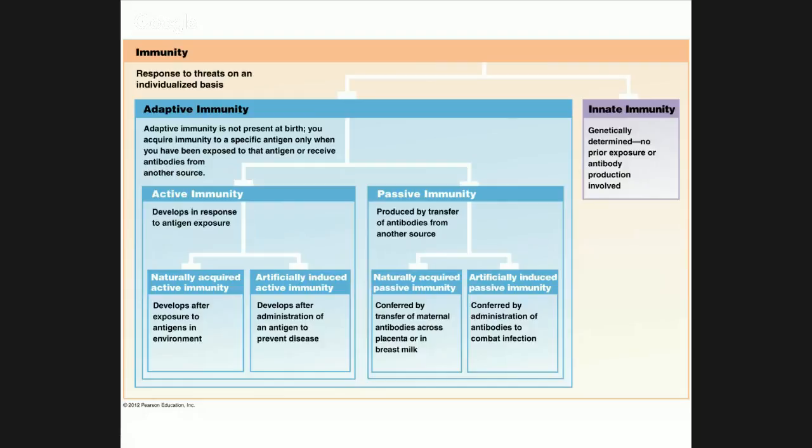We'll spend some more time talking about these things. But here I'm just introducing what the overall concepts are. Innate immunity is what we're born with. That's what innate means. And so those are aspects of your system that are ready to protect you from disease or injury from the get-go.